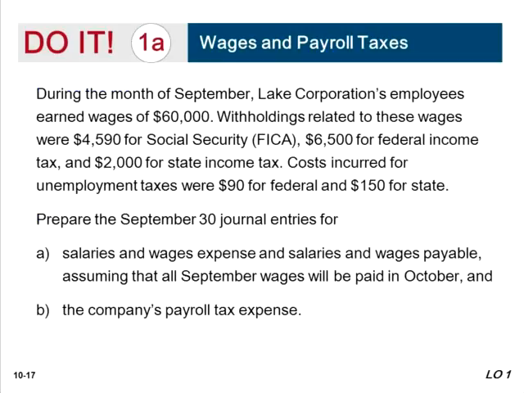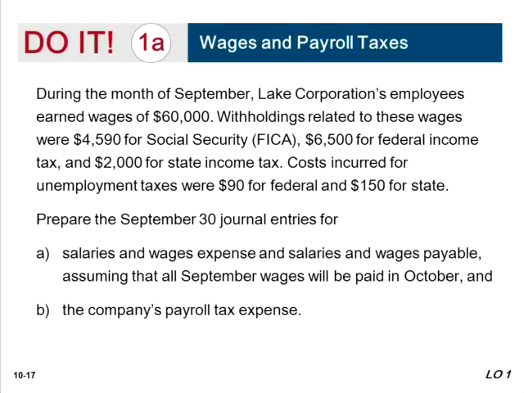These slides are called Do It, and I'll go through a couple of these. We have an example. During the month of September, Lake Corporation's employees earn wages of $60,000, so that is the gross pay. Withholdings related to these wages were $4,590 for Social Security or FICA, $6,500 for federal income taxes, and $2,000 for state income taxes.